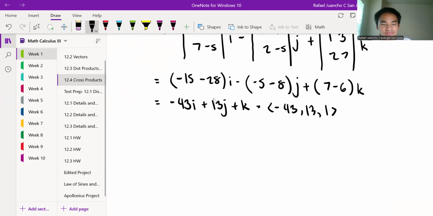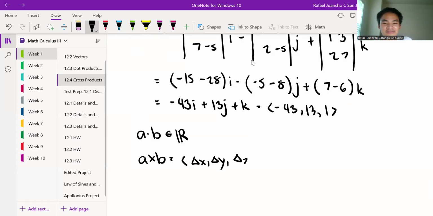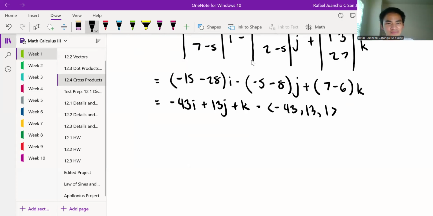We get a real number. I'm kidding, saying the wrong stuff. We get a vector if we get the cross product. We get a scalar if we get the dot product.